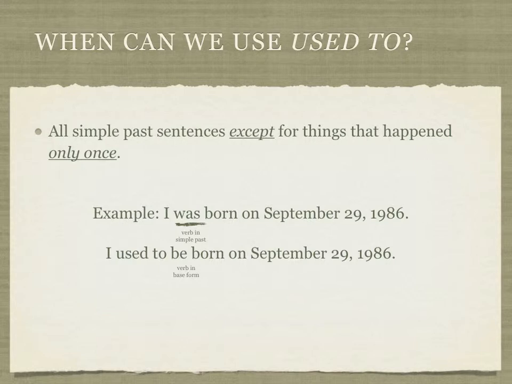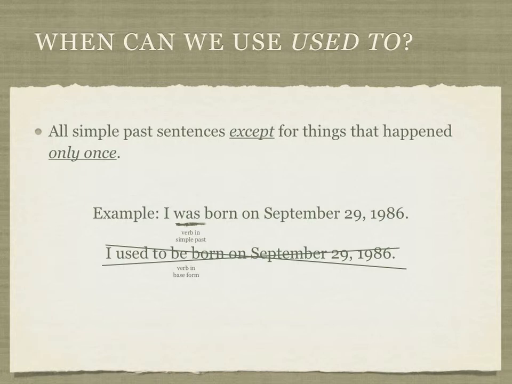So when can we use used to? You can use used to in all simple past sentences except for things that happened only once. Example, I was born on September 29th, 1986. You can't say I used to be born on September 29th, 1986, because being born only happens once.